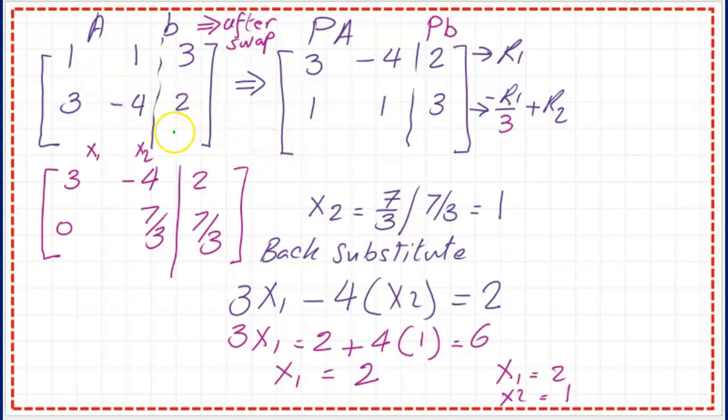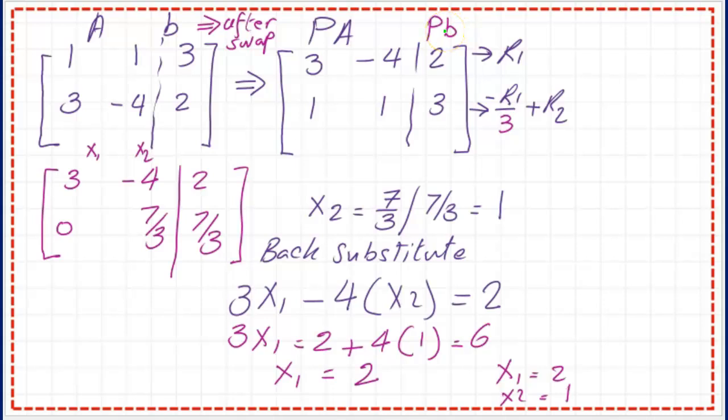This is the original matrix. This is after the swap. So A augmented B, after we make the swap, becomes 3, minus 4, 2, and 1, 1, 3. This we call PA, because it is the original matrix multiplied by the permutation matrix, due to the swap of the second row to the first row. The right hand side becomes PB.